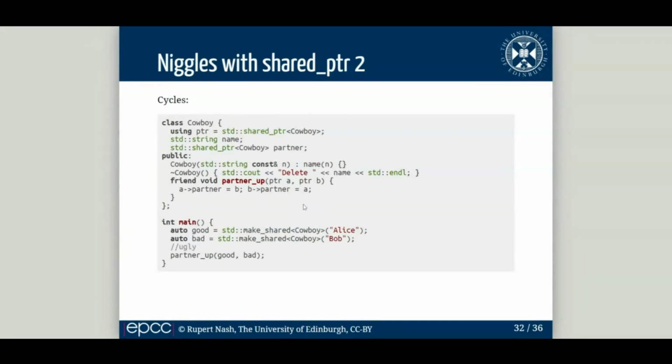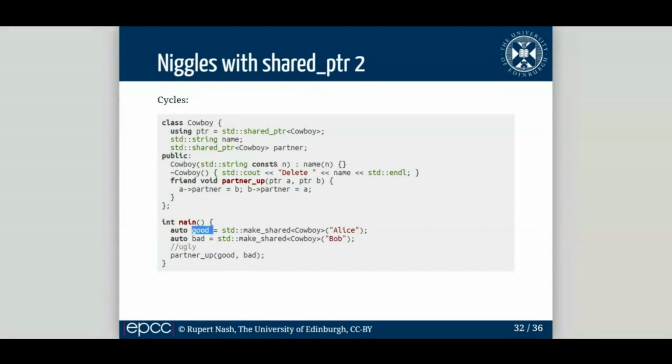Also, another thing about these shared pointers is that you can define two shared pointers that point to each other. Here you have defined this class called cowboy, with a pointer and a partner, and you partner up these two in main.